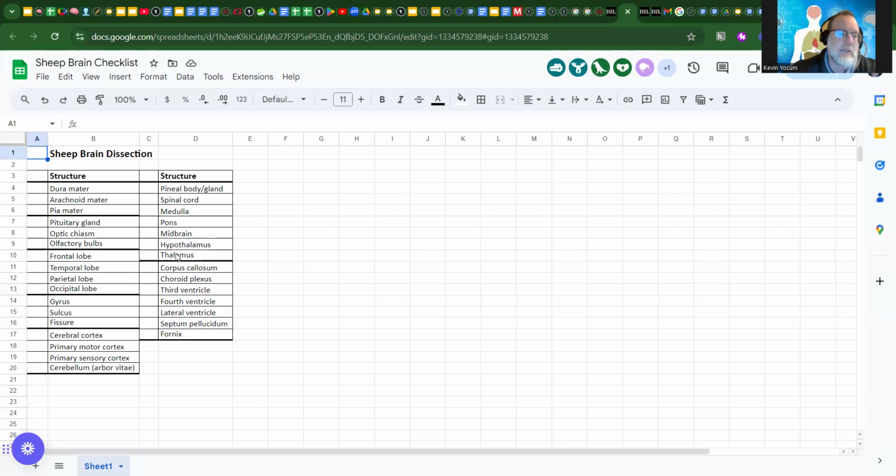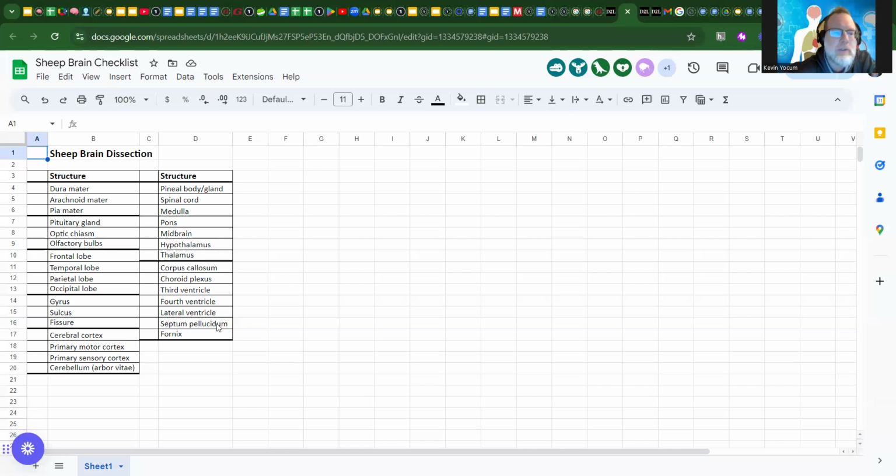Once we cut, we'll definitely be able to see all of these features: corpus callosum, choroid plexus, the third, fourth, and lateral ventricles, septum pellucidum. That's septum, of course, means wall or divider. You probably know that, like the nasal septum. We see the interventricular septum when we look at the heart, but it's basically a wall.